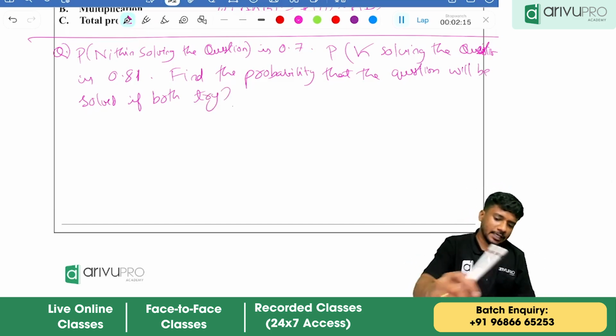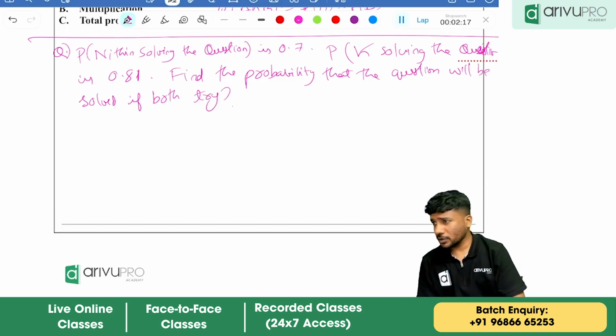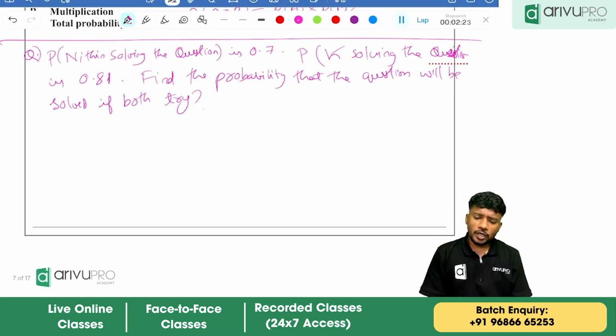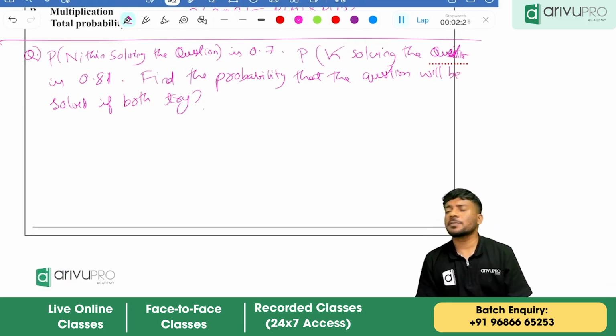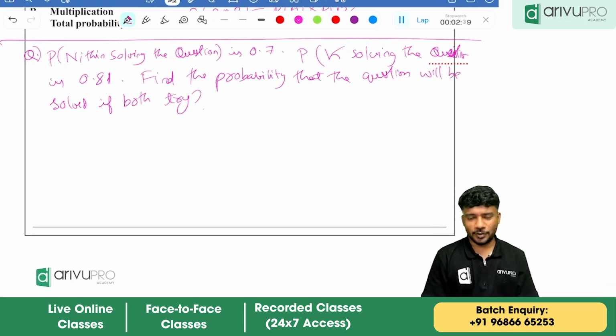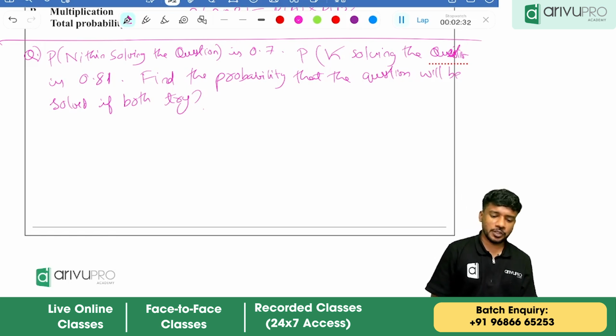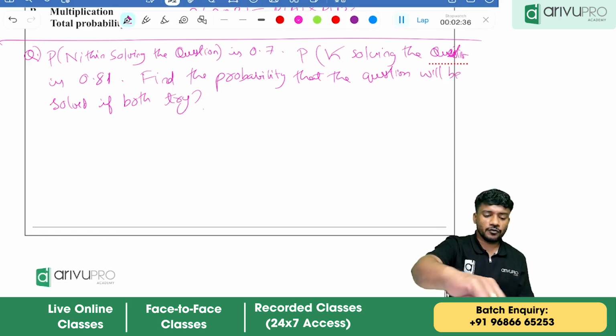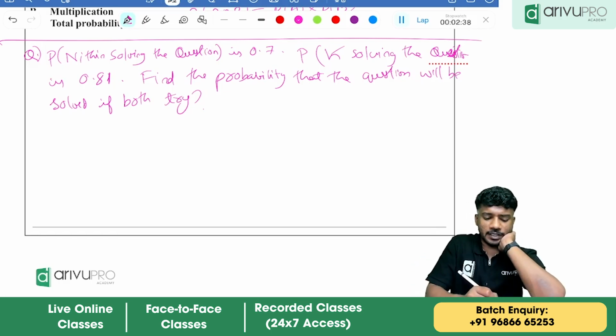So here they are giving us the probability of a question getting solved by Nithin is 0.7, and by Kanishk is 0.81. What is the probability that the question will be solved if both of them try? Logically we can solve this very easily.